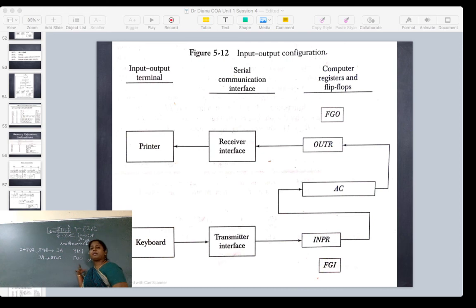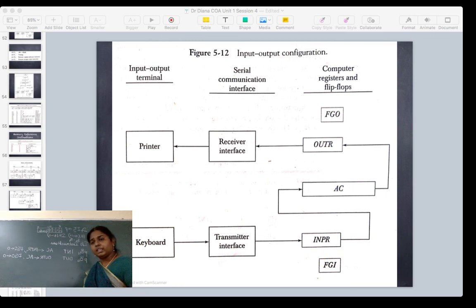So the flag bit of the output register FGO is always 1. But once it receives some data, until it finishes sending this data to the output device, the output flag has to be set to 0. So I am going to reset my FGO to 0 till the output register completes its sending to the receiving device.